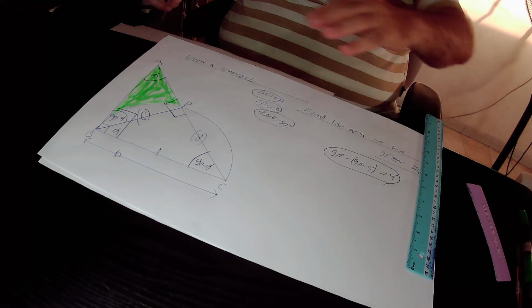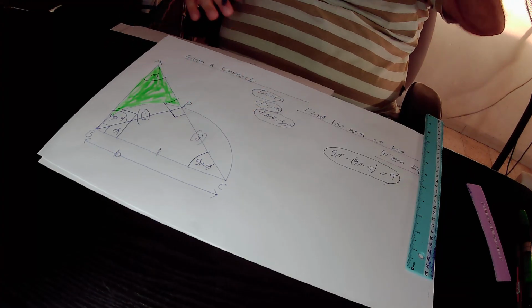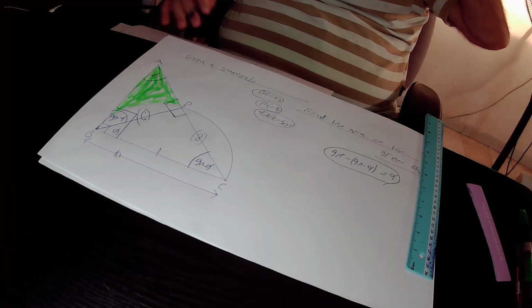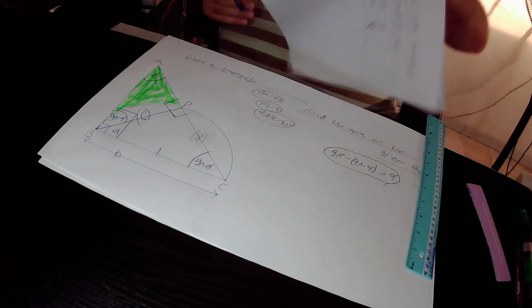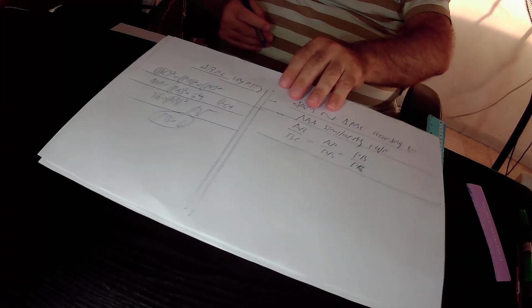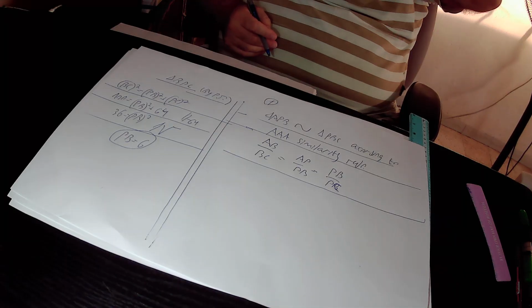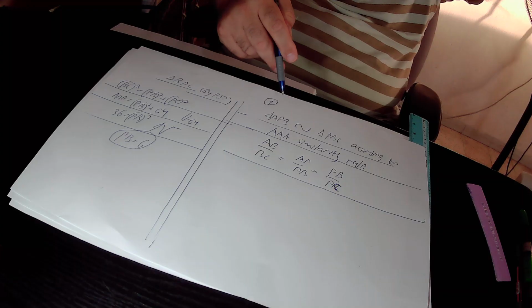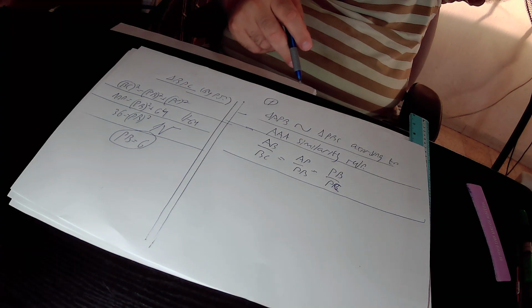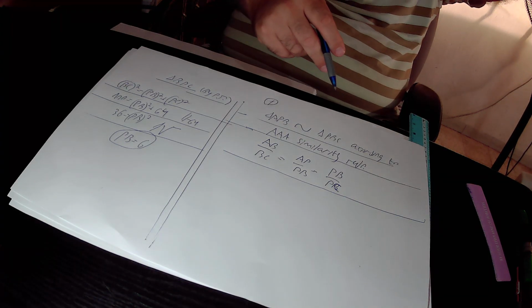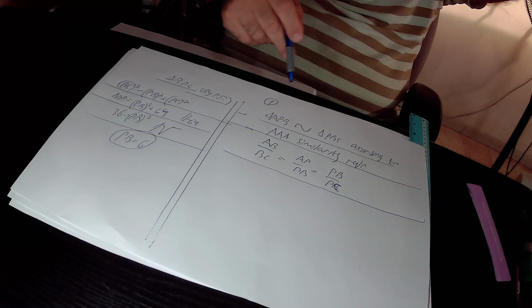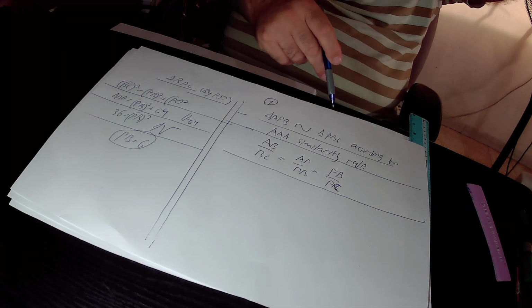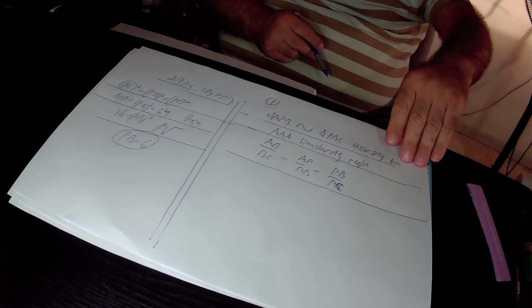From the fact that those two right triangles are similar to each other, we derive that the following relationship exists between their sides. We derive that side AB of the right triangle ABP over side BC of the right triangle PBC is equal to side AP of the right triangle APB over side PB of the right triangle PBC, and it is also equal to side PB of the right triangle APB over side PC of the right triangle PBC.